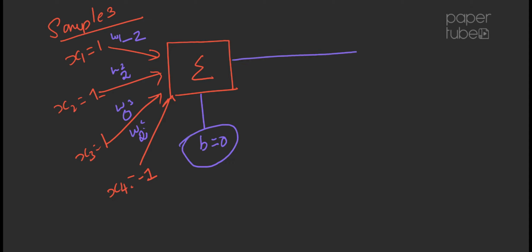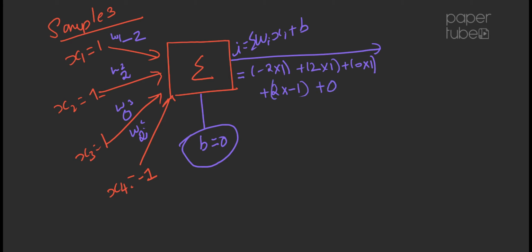If you calculate the net input, I is equal to the summation of wi xi plus b: -2 multiplied by 1 plus 2 into 1 plus 0 into 1 plus 2 into -1 plus 0, that makes it -2.